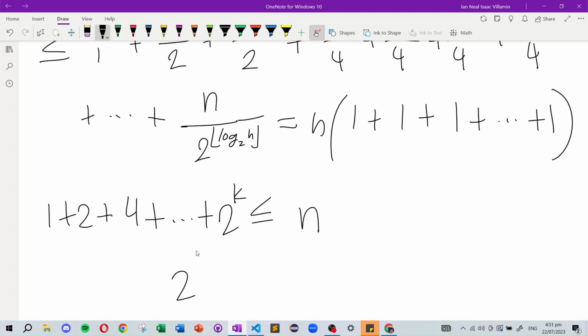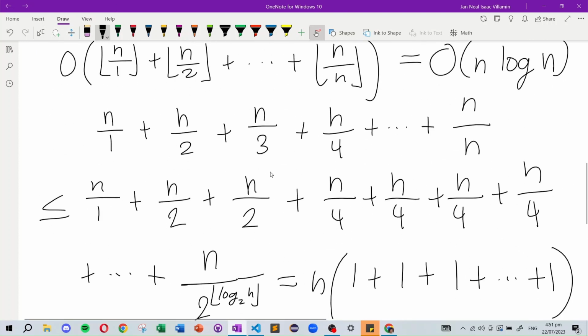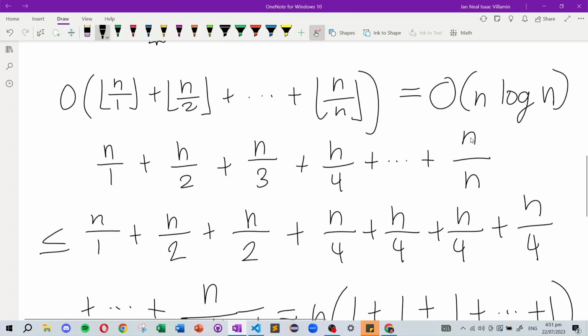This is 2 to the k plus 1, minus 1, less than or equal to n. This means that k is on the order of log n, relative to logarithm base 2 of n. So that is the reason why this harmonic series is O of n log n.